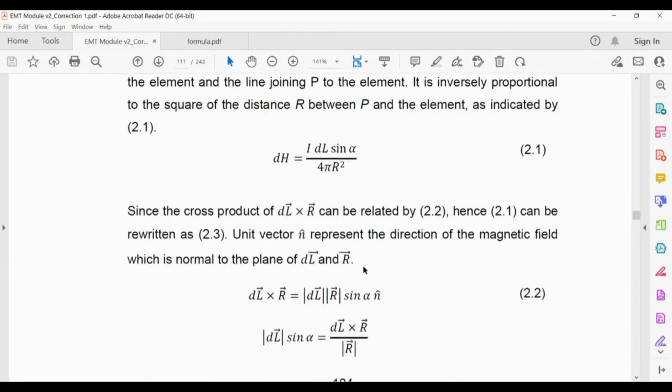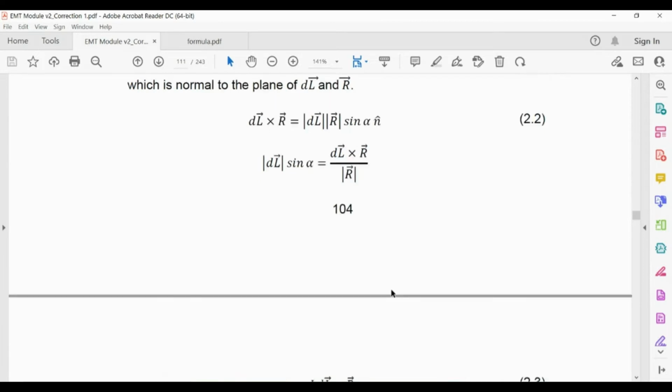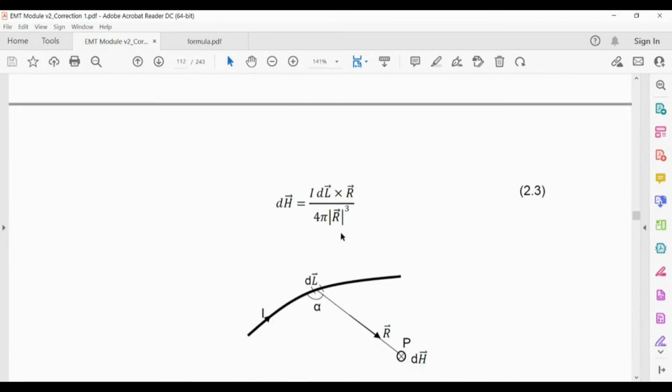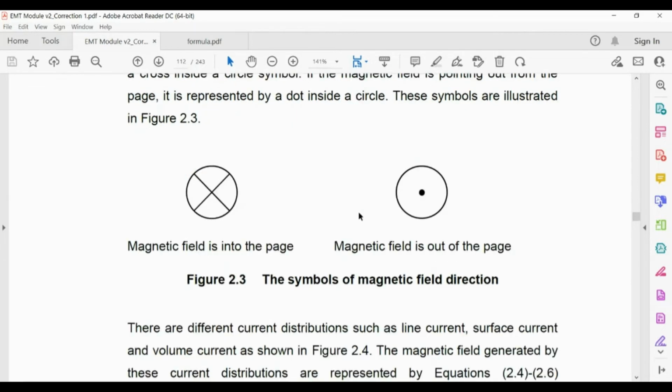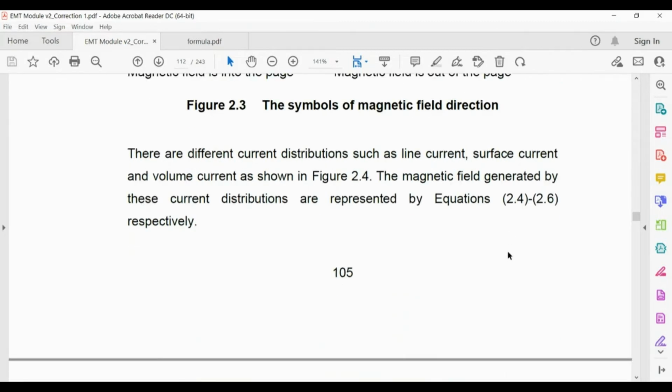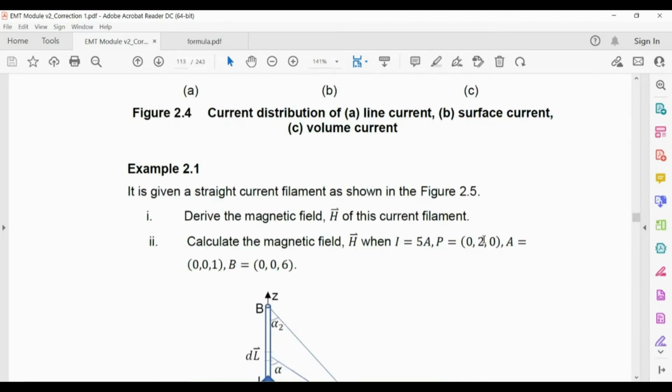Here it already explains how this can be involved into here. This one should be power 3. This is the direction of the magnetic field: into the page, and this is out of the page. So everything is the same as the PowerPoint.